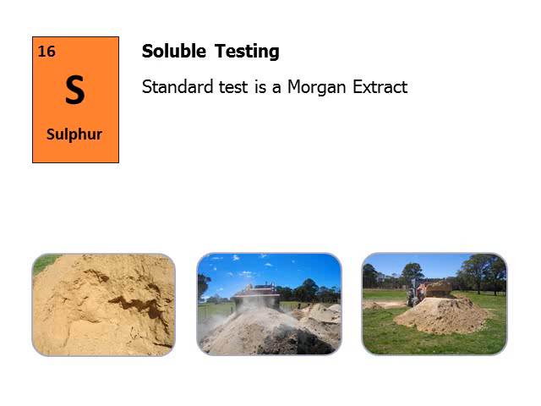Now, in terms of testing for sulfur and putting sulfur on, the standard test that we do on soils, a Morgan extract, is really only testing the soluble sulfur. And soluble sulfur as sulfate really mechanically needs about 50 parts per million in the soil to hold the soil open mechanically, unless it's a very sandy soil.